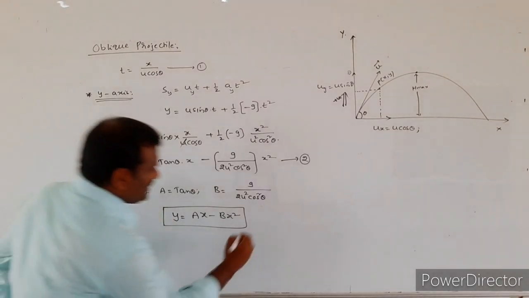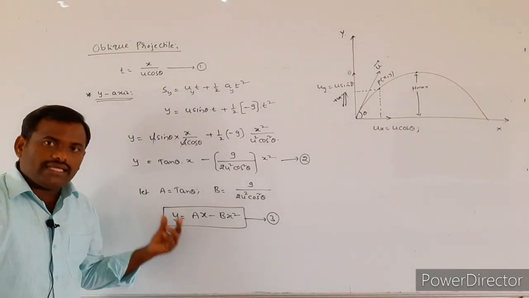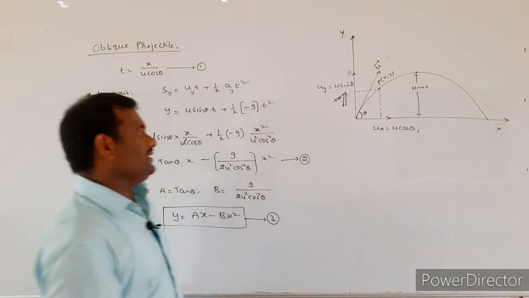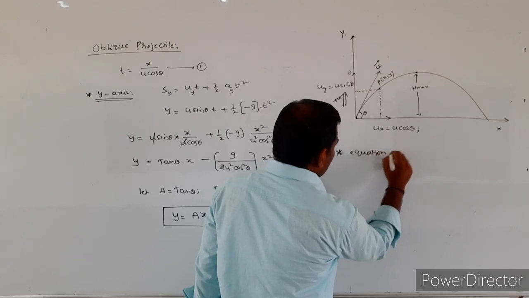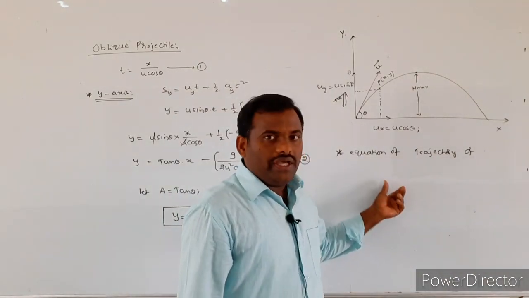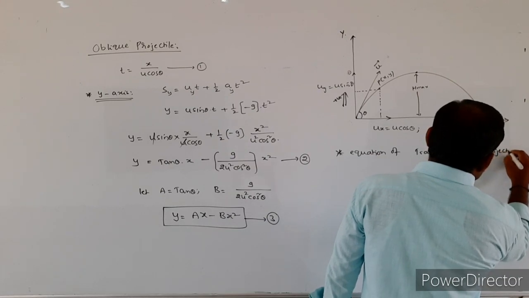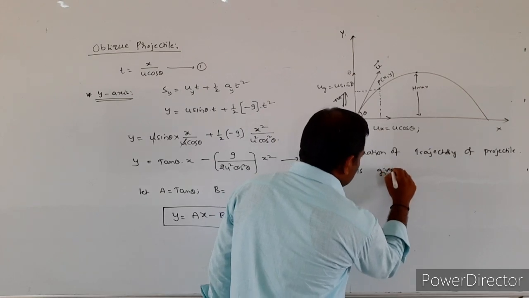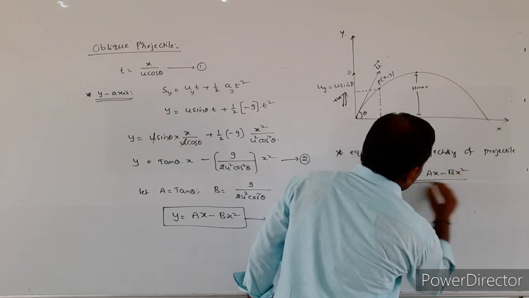This is equation number 3. This equation y is equal to ax minus bx square is the equation of trajectory. The equation of trajectory of a projectile is given by y is equal to ax minus bx square.